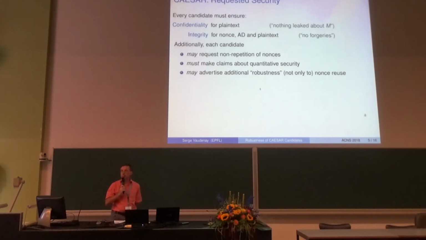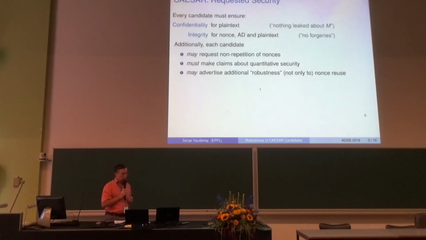The CAESAR candidates could propose some extra information with their submission. First, they could require that nonces don't repeat. Normally, I think that all candidates require that nonces do not repeat.